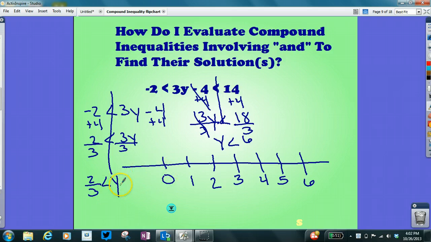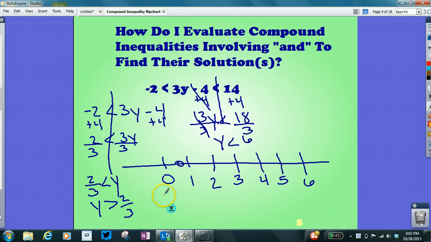Alright, so now I know 2/3 is going to be somewhere right in here. But before I go on, I want to make sure that I flip this around, because if 2/3 is less than y, y is going to be greater than 2/3, or else I won't know where to go from here.